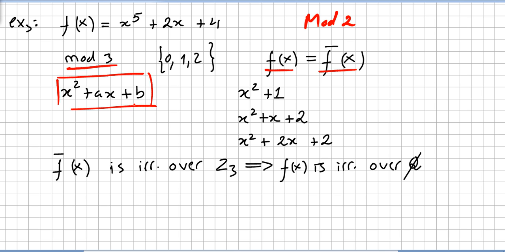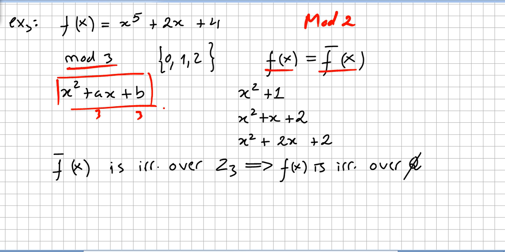If you look well, we have 9 possibilities, because we can put 0 here and 0 here, 0 here and 1 here, 2 here and 0 here. So we have 3 times 3 possibilities, 9 different second degree polynomials possible mod 3.